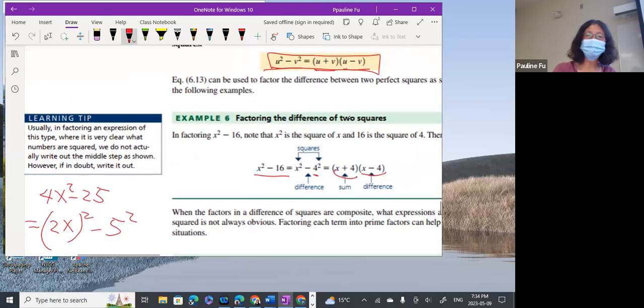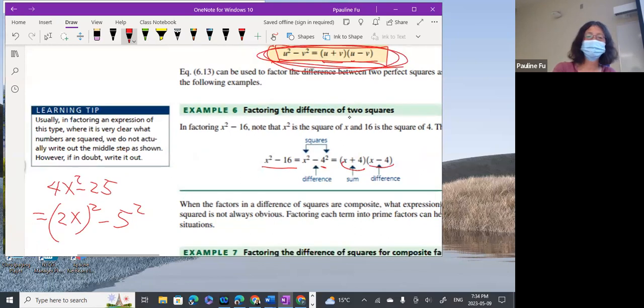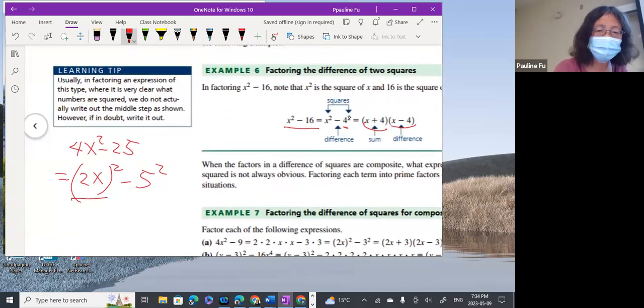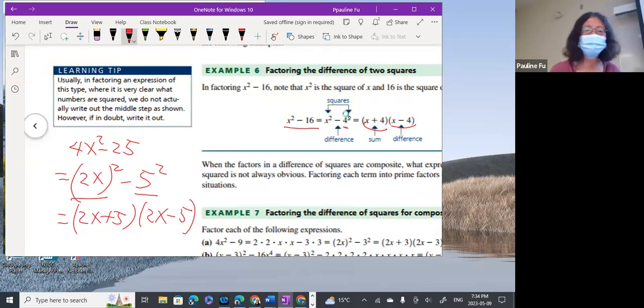The reason you write this is that you want to use this formula, u squared minus v squared. You want to produce that format. So this is u squared minus v squared, right? So the result is (2x plus 5) times (2x minus 5).